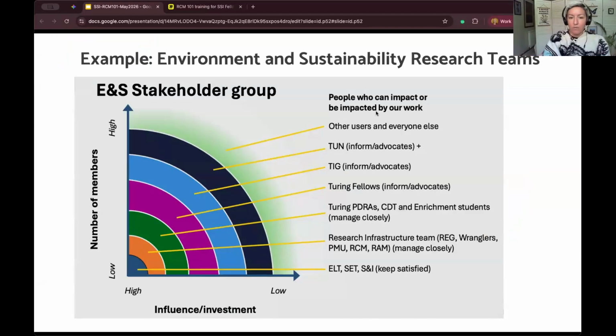Our most influential segment with only a few people was the executive leadership team. And then you move out into less influence, but a larger number of people, like fellows and research assistants, and then broader other people, anyone else in the universe who could be interested in what we were doing at the time.